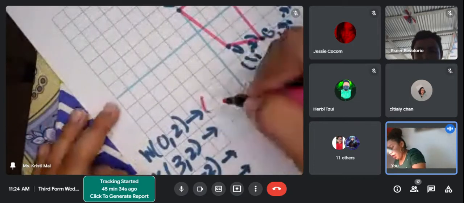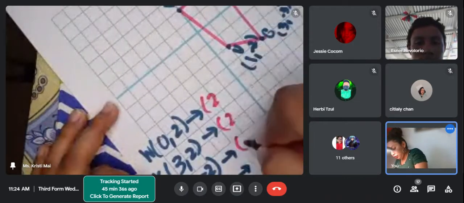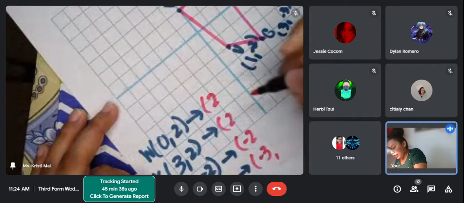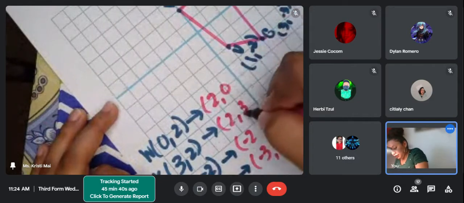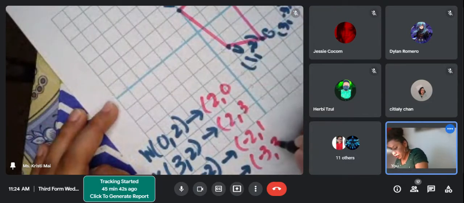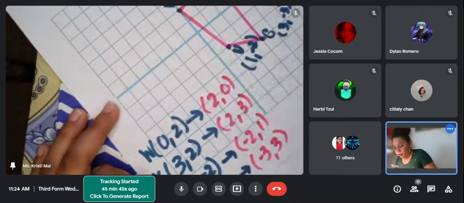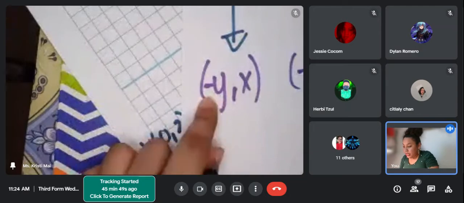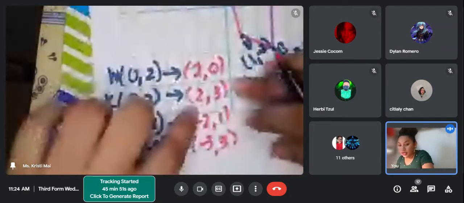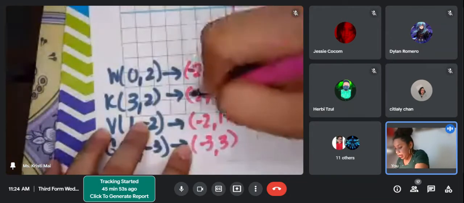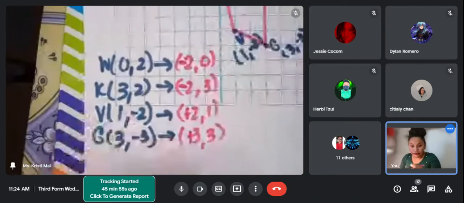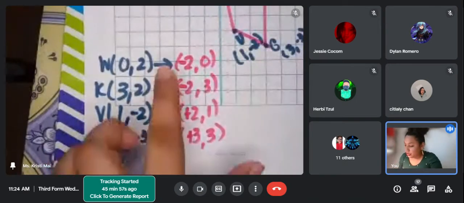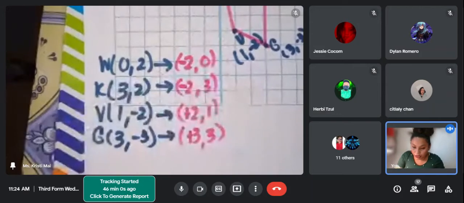I am going to write the y first, and then I'm going to write the x's. But the y is negative, so all of these ones have to be the inverse. Negative, negative, positive, positive. And then these are going to be my new points that I'm going to be plotting for this one. All right.